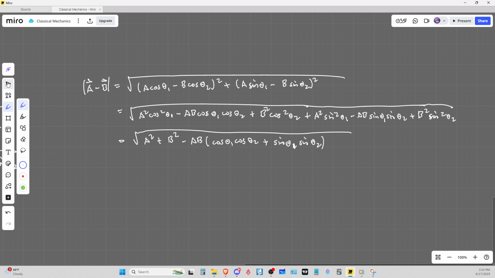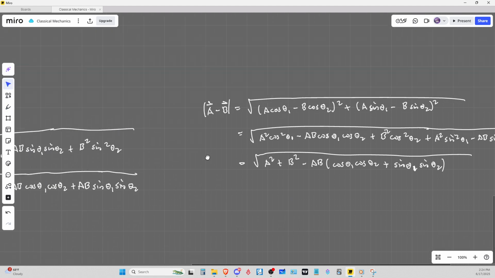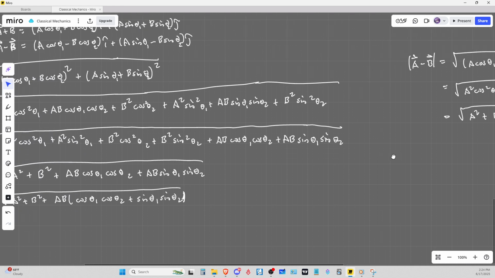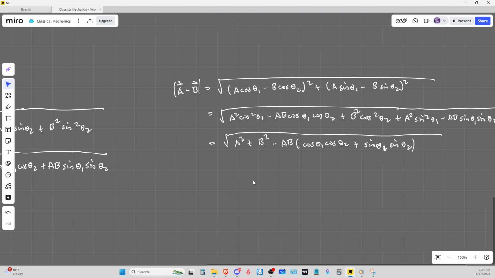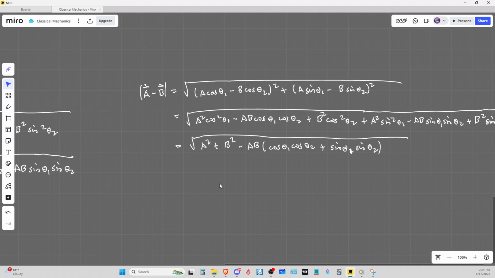Yeah, it's basically the minus sign that differentiates the two. Because this one is plus AB, this one's minus AB.